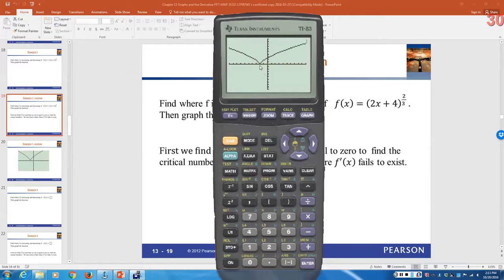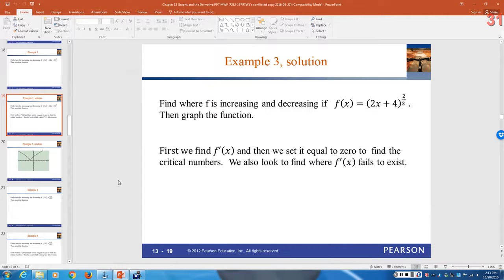The only place you cannot take the derivative of that function is at -2. It creates a problem. You can't take the derivative there. And the derivative was showing you that it wasn't defined at -2. So once again, this is just about connections.